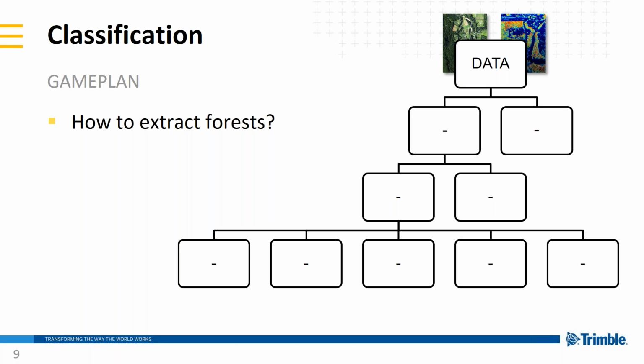So I suggest as a first step, we're going to use the NDSM, so the elevation. And we're going to discriminate elevated and non-elevated image objects. And then in the next step, we're going to have a look at the elevated classification and start to think about how to discriminate the elevated into forests and non-forests, okay?